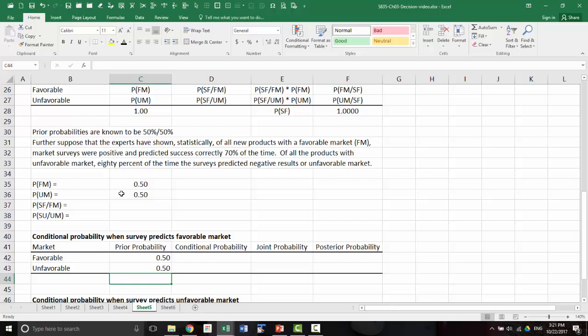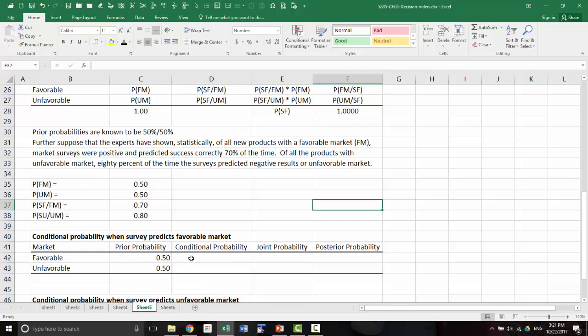And usually you will have data available from which you can estimate these probabilities. So these are the two probabilities that are available to us: the probability survey was favorable given favorable market, and the probability survey was unfavorable given unfavorable market.